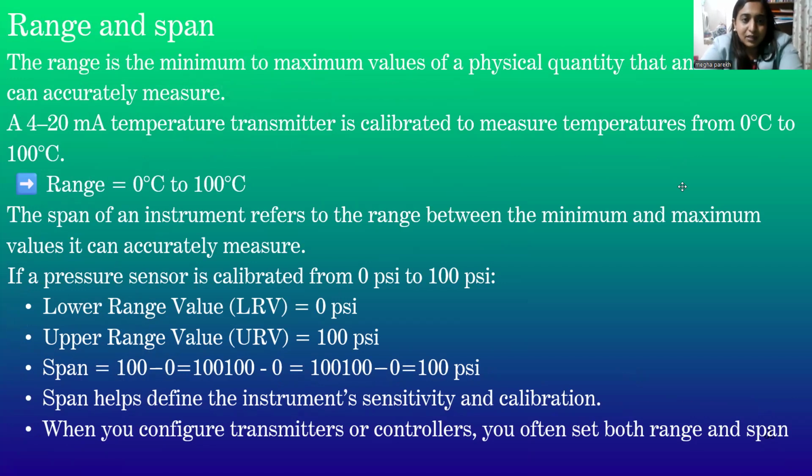The range is 0 to 100 degrees Celsius, and the span of the instrument refers to the range between the minimum and the maximum value it can accurately measure. Like range, we can say it has a lower range value and an upper range value, and span is the difference between the upper range value and the lower range value.